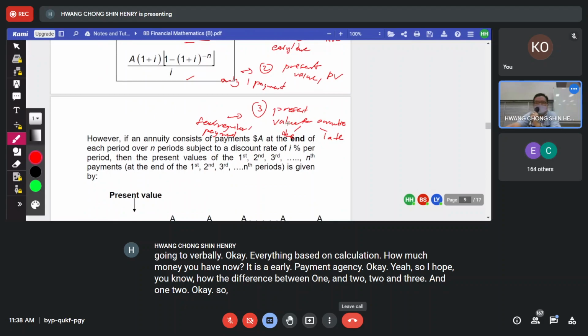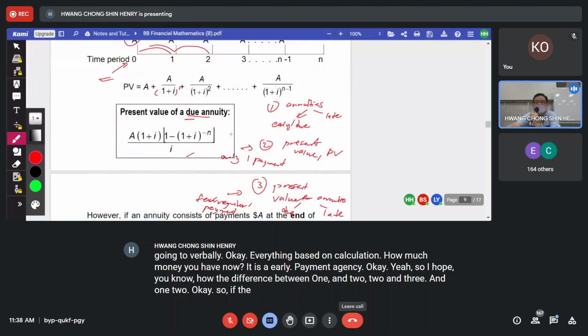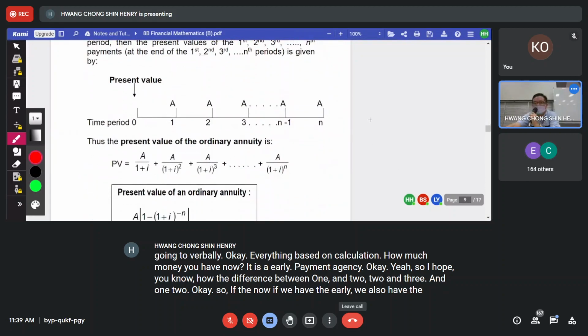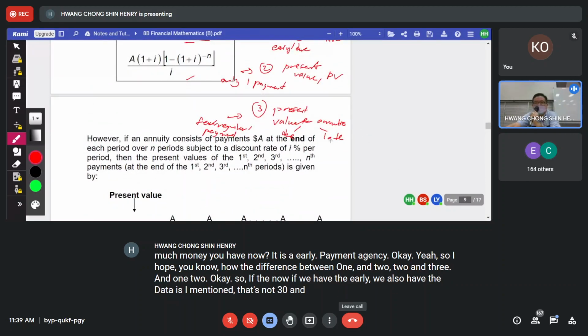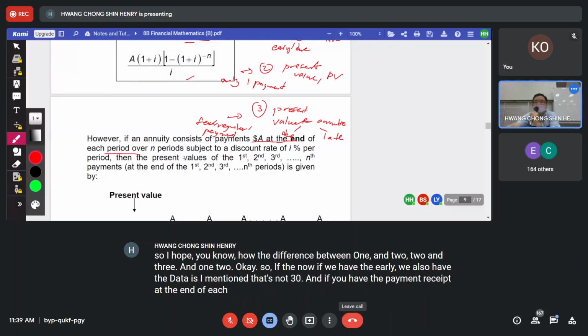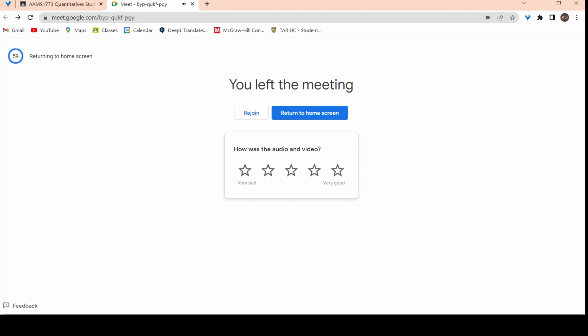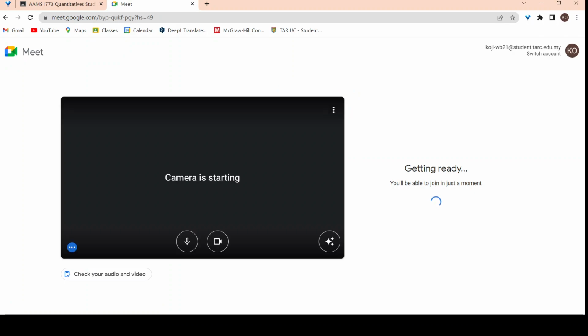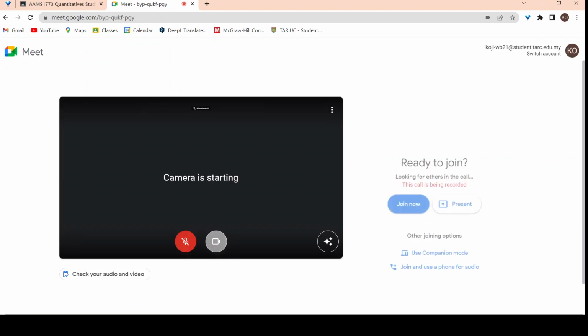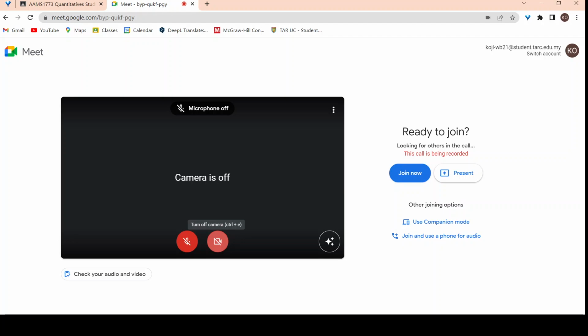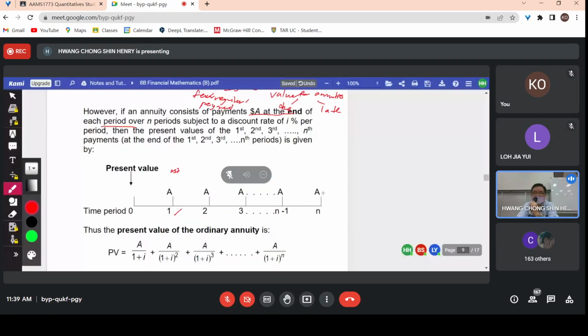So if we have the early, we also have the late, as I mentioned just now, early and late. If we have the payment received at the end of each period, your last payment you receive also ends with the maturity, remember?